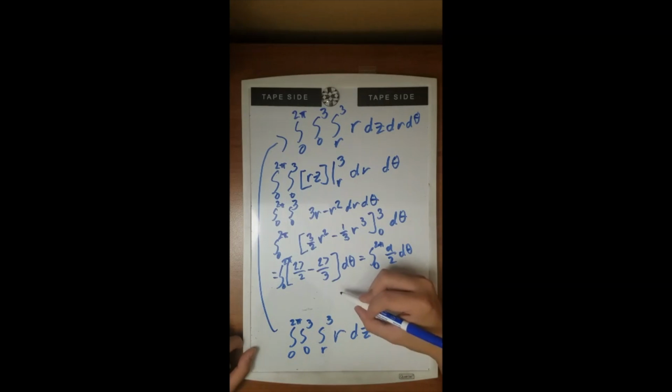And then the theta comes in, it'll be 9 theta over 2 evaluated from 0 to 2 pi, which should give us a final answer of 9 pi. And there you have it.